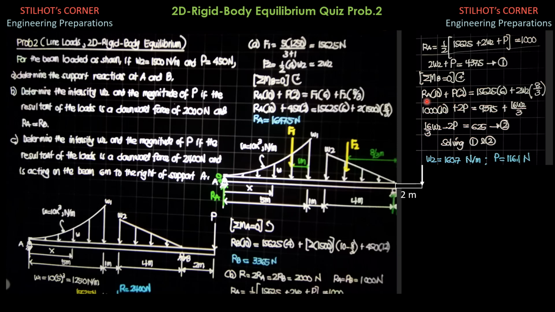So substitute the value of RA, which is 1000, and therefore 1000 times 10 plus 2P equals 9,375 plus 16W2 over 3.